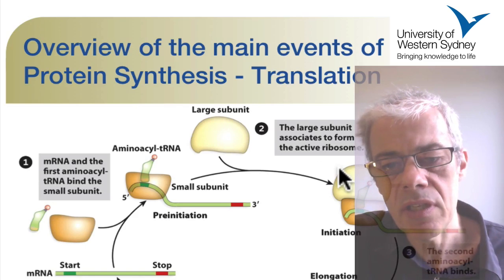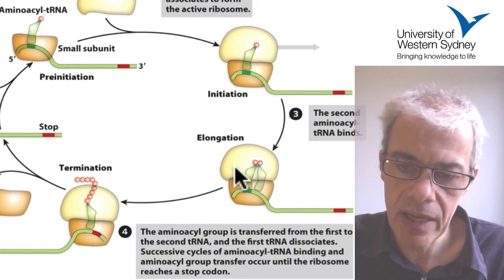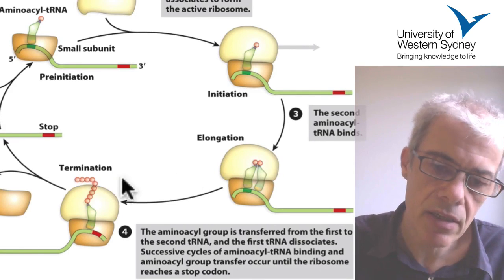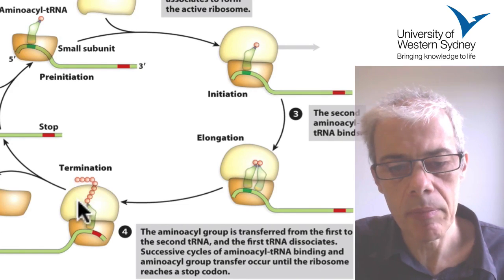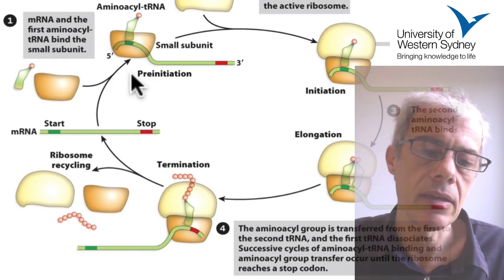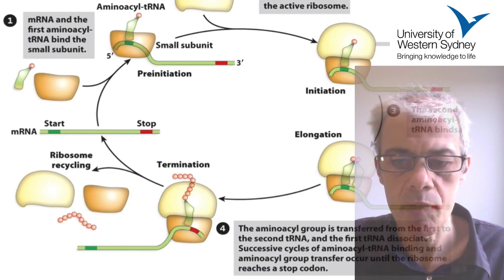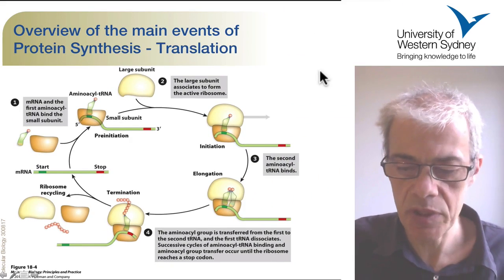And then once this is assembled for initiation, we then go into the process of elongation, where different amino acids enter and are strung together. And then once elongation's finished, we then have a termination, and then these components can be reused to make more proteins. So we'll be looking at these processes in a bit more detail.